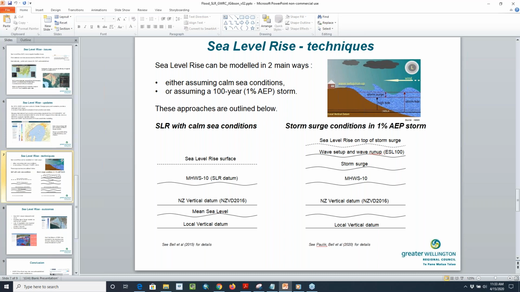The datum that we're really interested in to establish a baseline for sea level rise is the high spring tide. In this case, the term Mean High Water Springs 10 is used. Mean High Water Springs 10 is the mean high spring tide, but it's taking the top 10% of values. So it's effectively the highest value you'd expect the tide to rise in calm sea conditions.